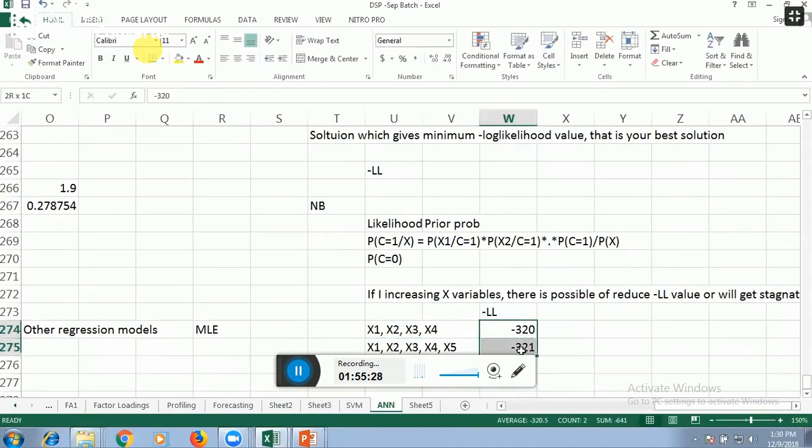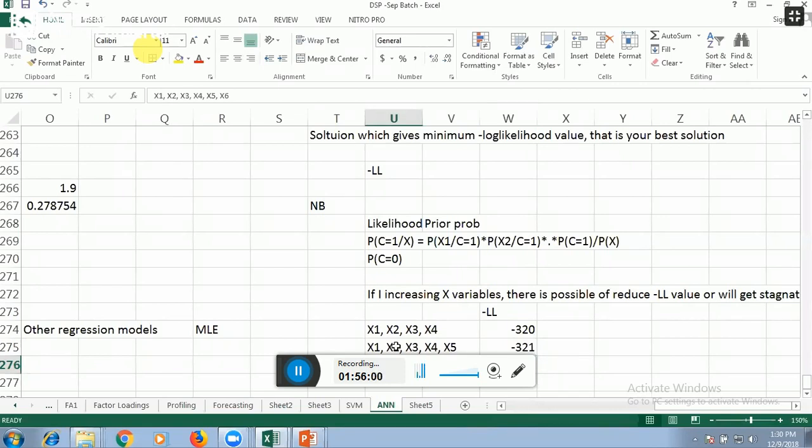Adding the x5 variable, it's okay, you see some improvement in the log likelihood. But adding one more variable, is it really improving your log likelihood? It's hardly anything. So can I say that the x6 variable is not an important variable? If I look at all the variables, I will get minus 321.1, so I can say that this is my best solution.